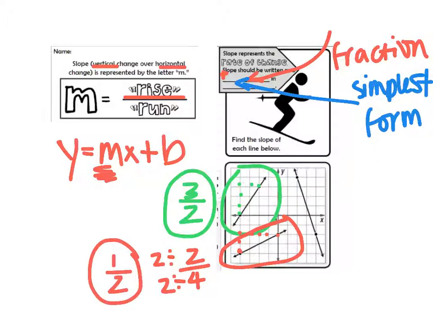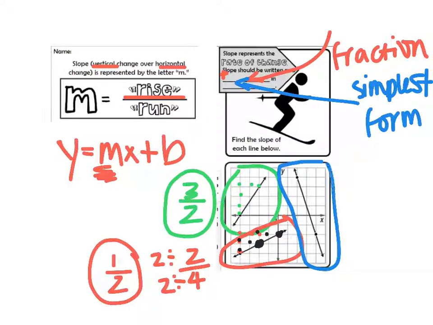So that does reduce to 1/2. And if you count 1/2 off of here, if I go up 1 over 2, I do land on the line. Up 1 over 2, again, I land on the line. So the reduced slope does work.